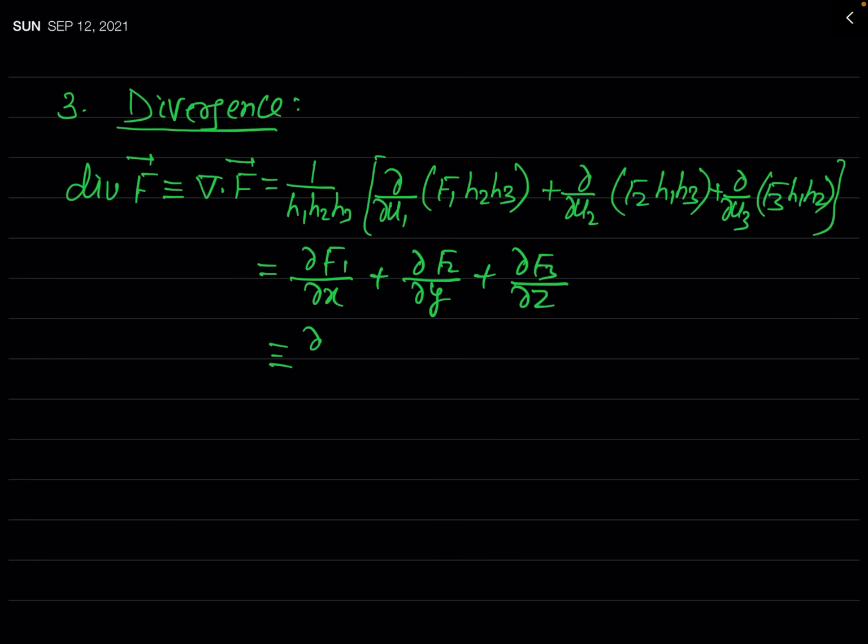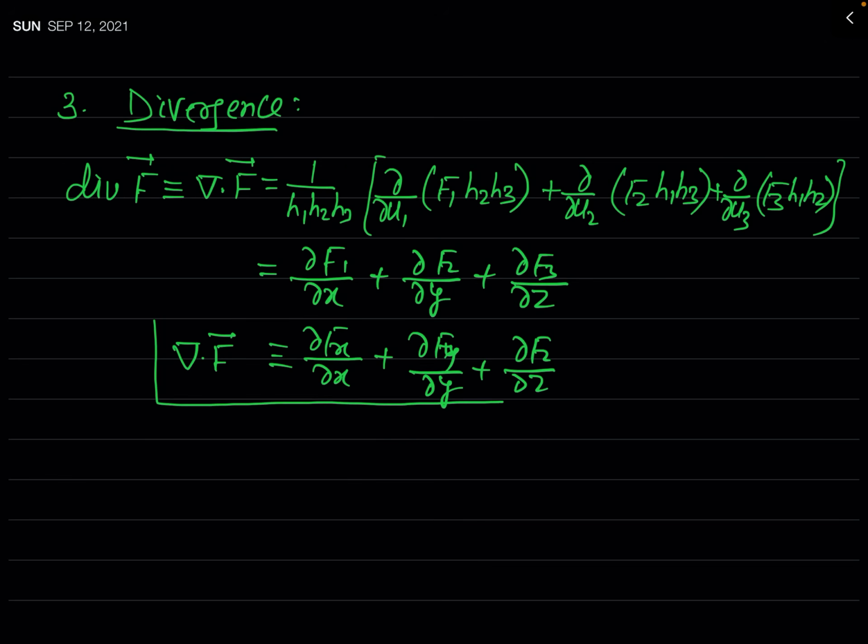So you may write equivalently: del fx by del x plus del fy by del y plus del fz by del z. This is the expression for divergence of a vector field f in Cartesian coordinate system.